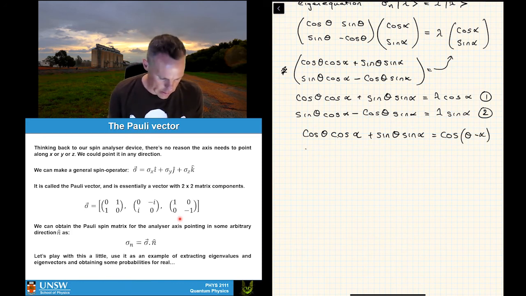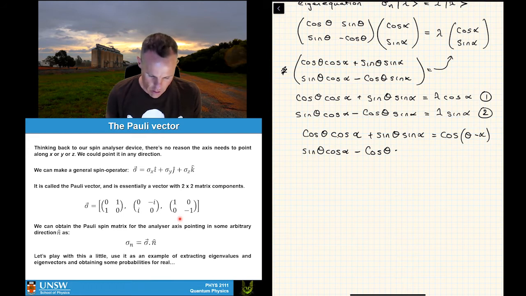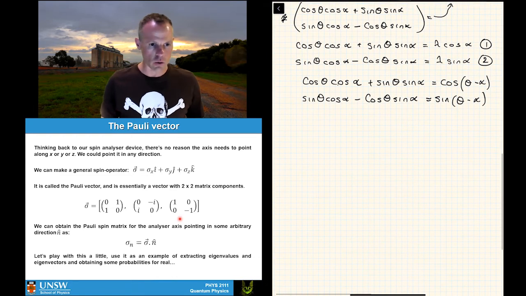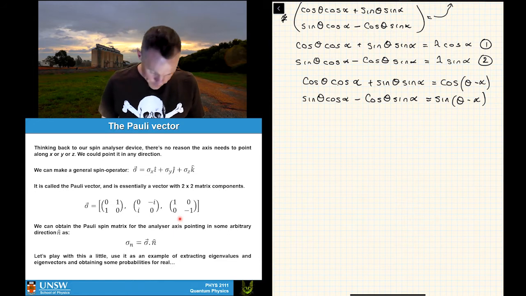And the other one is that sine theta cos alpha minus cos theta sine alpha is equal to sine of theta minus alpha. You should have seen those in first year, may even have seen them in high school, because I remember being taught these in high school as well.